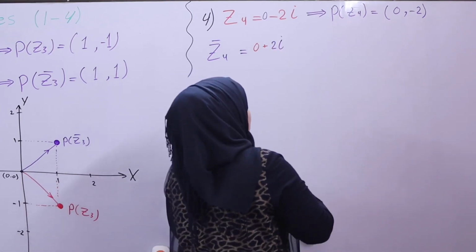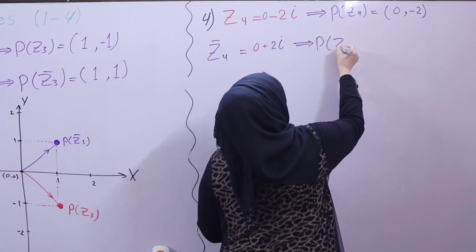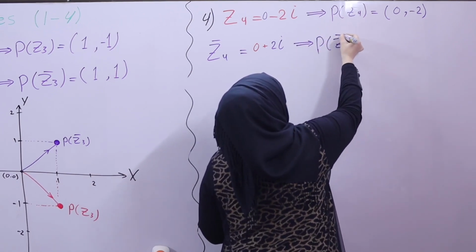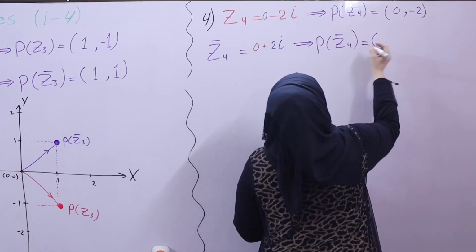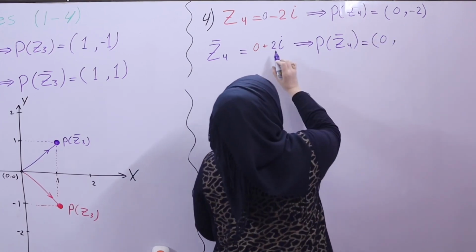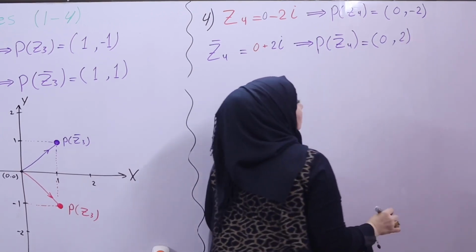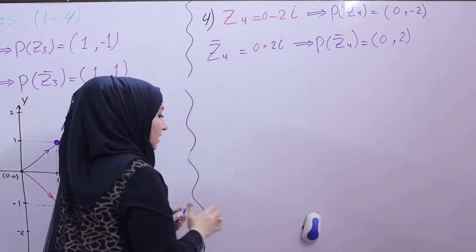And now we can write the point which represents the conjugate of Z4: the x coordinate will be the real part, and the imaginary part will be the y coordinate. So we have the two ordered pairs.